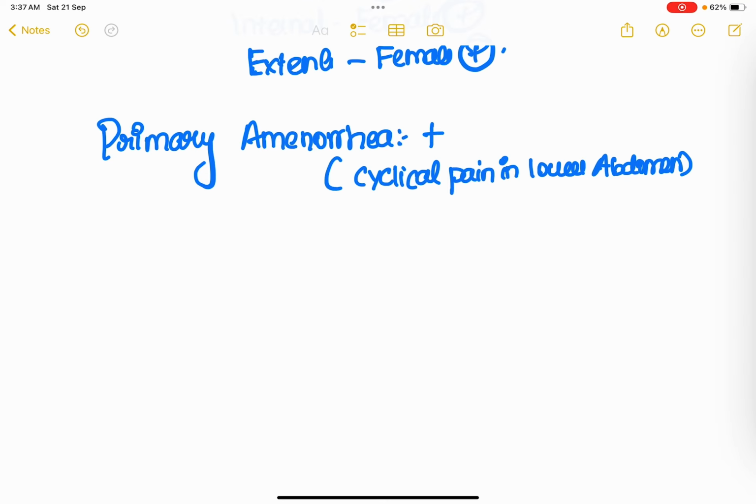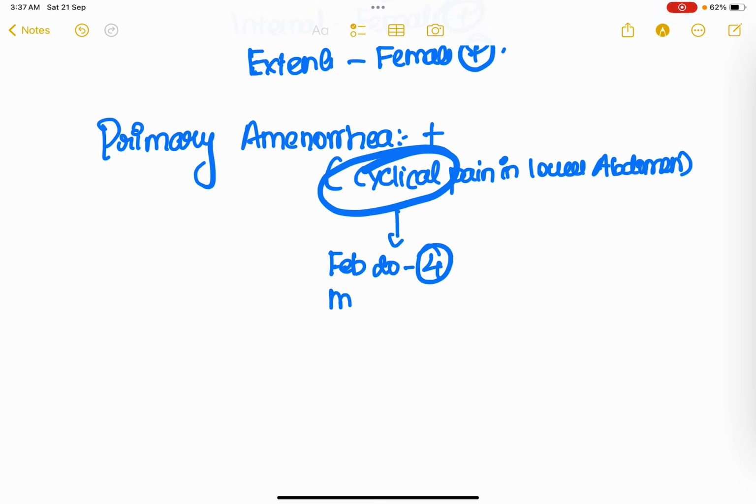What do you mean by cyclical pain? Cyclical pain means, let's say for example, this is February. On February 20, the patient has some kind of pain which lasts for around 4 days. Same, on March 20th, the patient experiences the same kind of pain for 4 days. And again April, May. So every month, cyclically, every 20th of the month the patient has some kind of typical pain in the lower abdomen, and the intensity of the pain is also increasing, right?